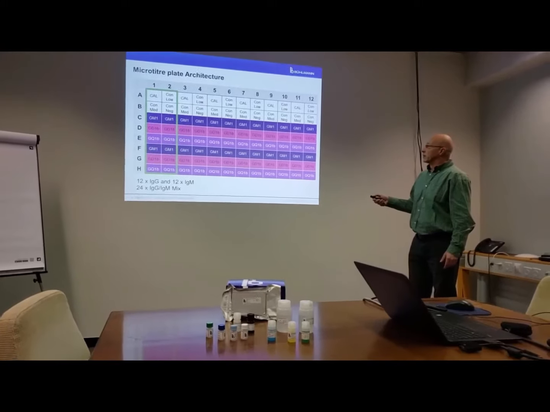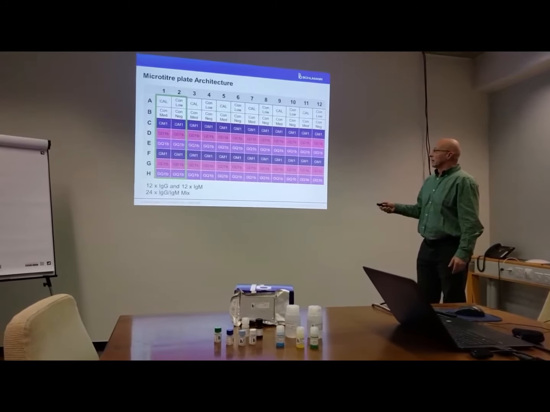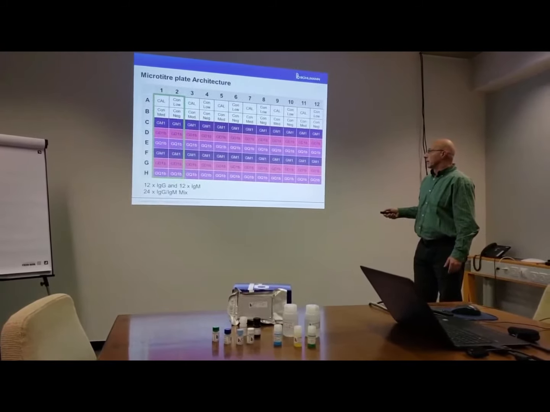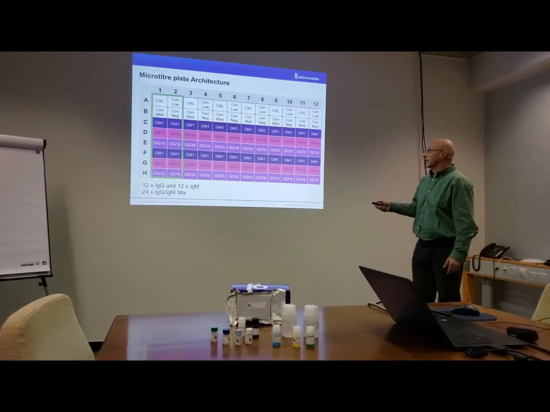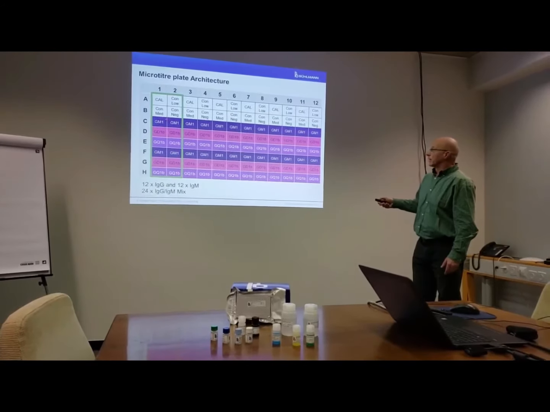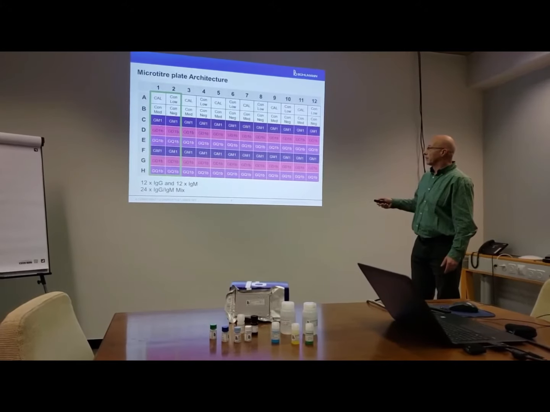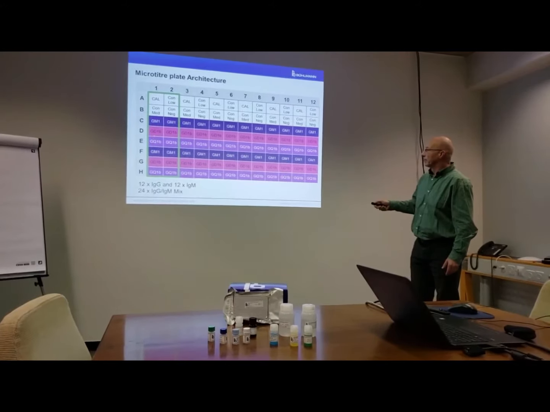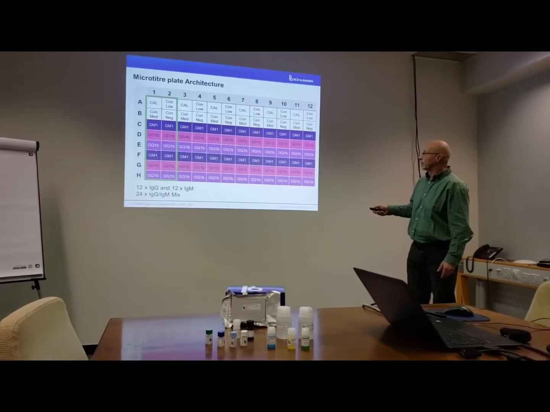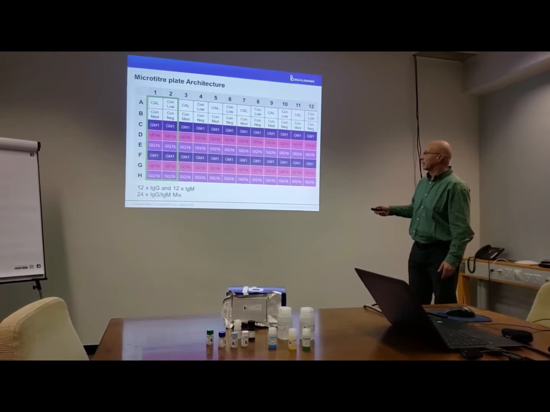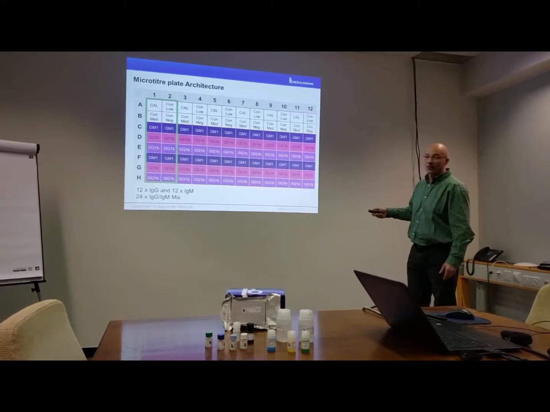These just serve as a control of the assay performance. With the IgG conjugate, you can pipette in a pattern like this. At least 4 patients are used, which are here. And these are the IgG results.